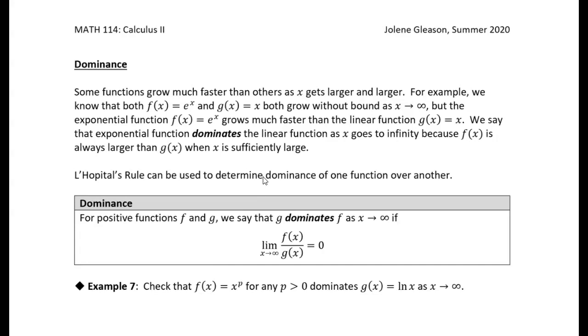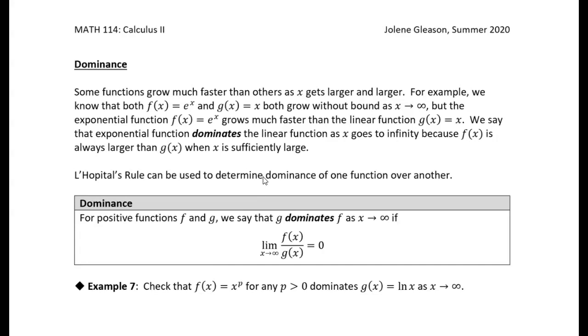One way that we can test for dominance is by looking at the limit of the ratio of the functions. We would try to put the one we expect to be dominant on the bottom, right? And then if the limit, as x goes to infinity, of f of x over g of x goes to 0, then g of x is indeed dominant.